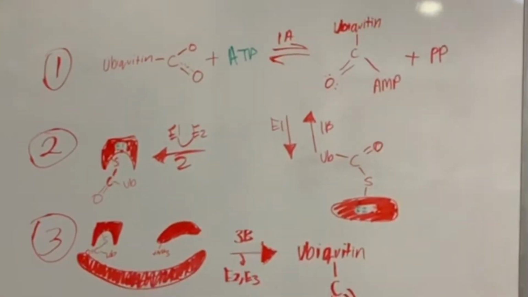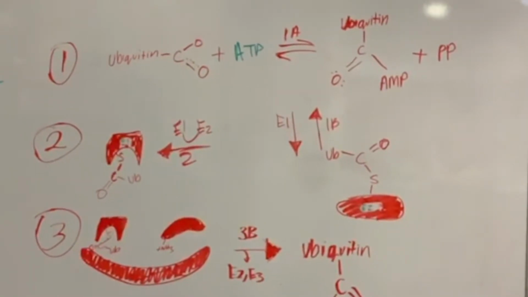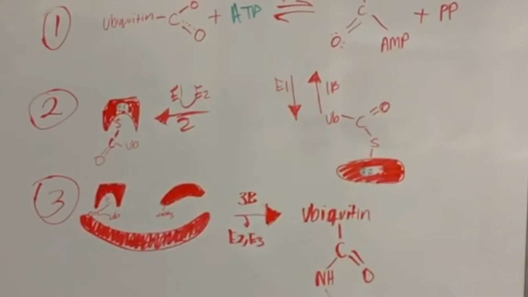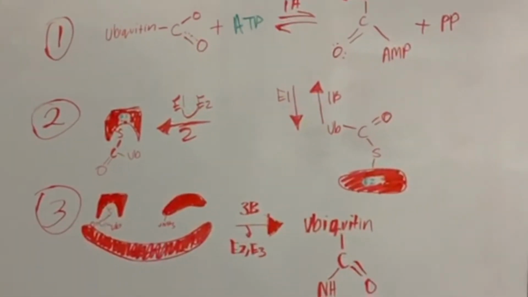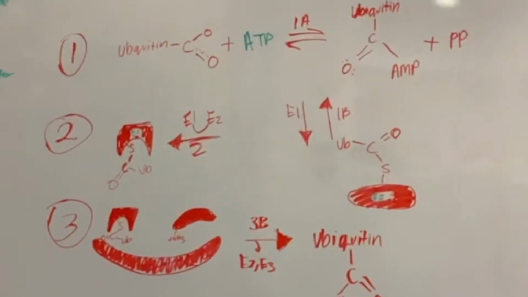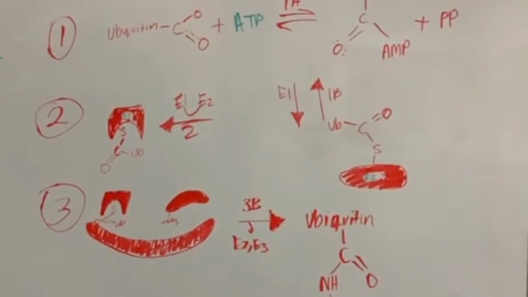And then in the last step of ubiquitination, ubiquitin protein ligase, E3, this enzyme shuttles the ubiquitin to the target protein. This is really the one step in which they are attached to the specific targeted protein that needs to be broken down.